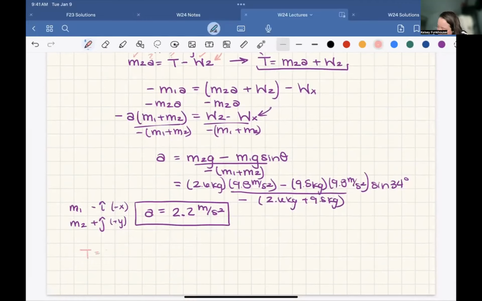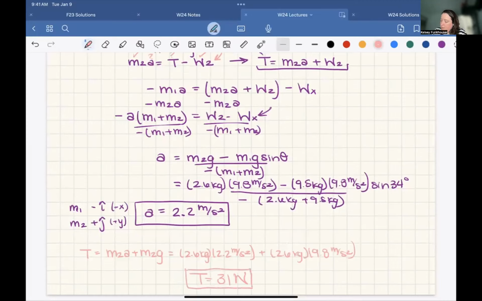So tension equals mass 2 times acceleration plus mass 2 times gravity, equals 2.6 kilograms times 2.2 meters per second squared plus 2.6 kilograms times 9.8 meters per second squared. And this gives us a tension of 31 newtons. Cool. So we have our acceleration and our tension in the rope.